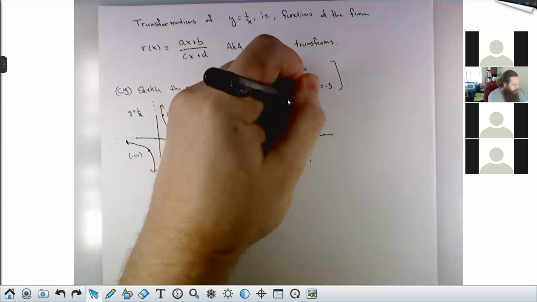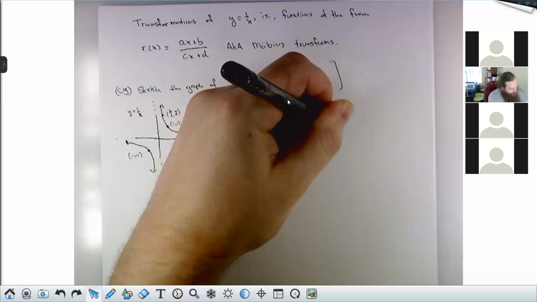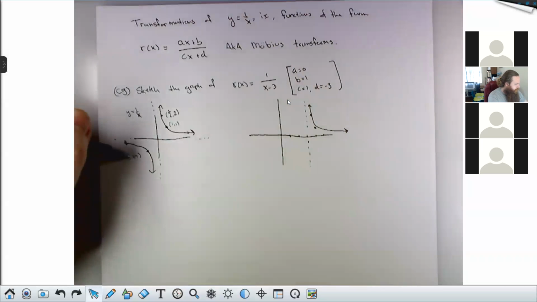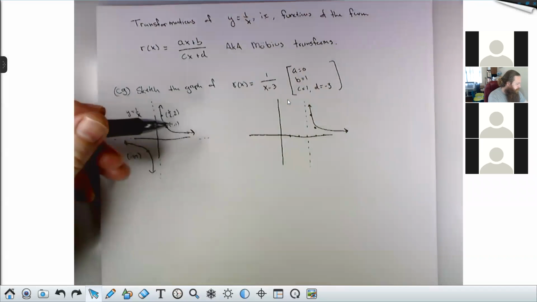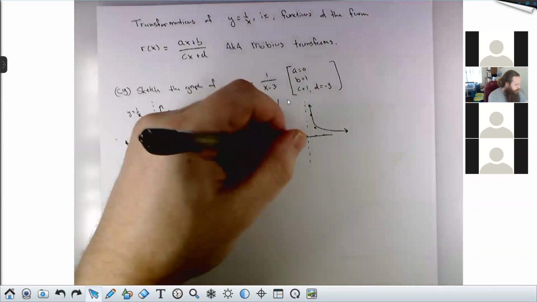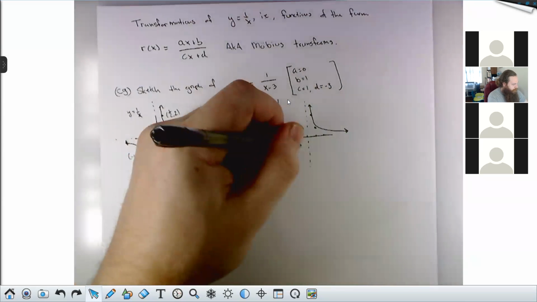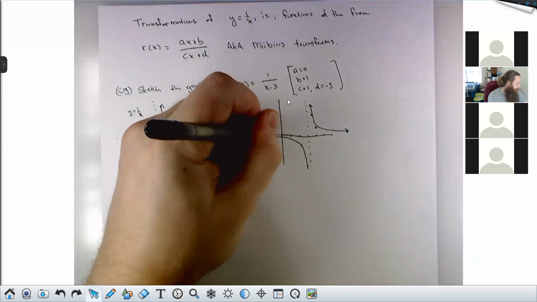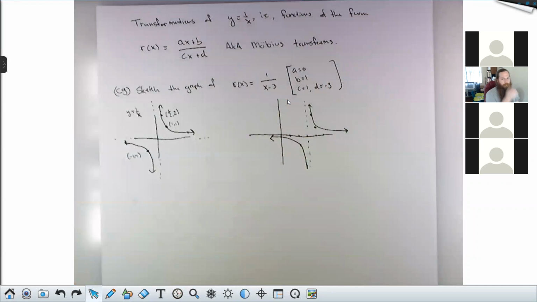And the rest of the graph, it all looks like this. Negative 1, negative 1 gets dragged to the right 3 units. That will become 2, negative 1. You guys see that the graph on the right over here is the same as this graph, just shifted to the right 3 units.